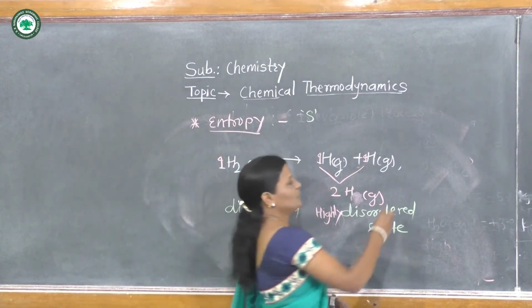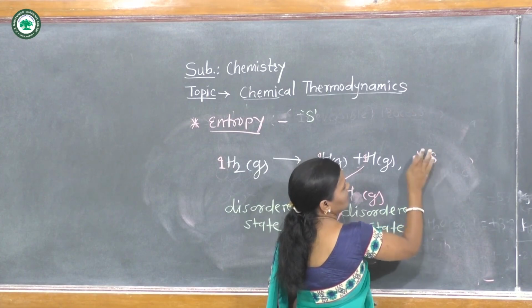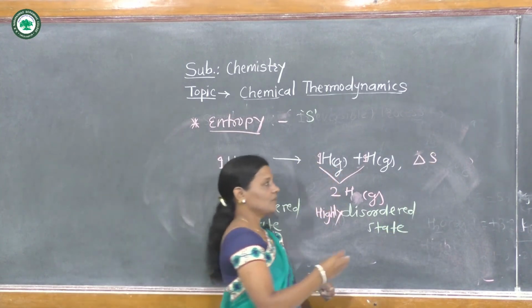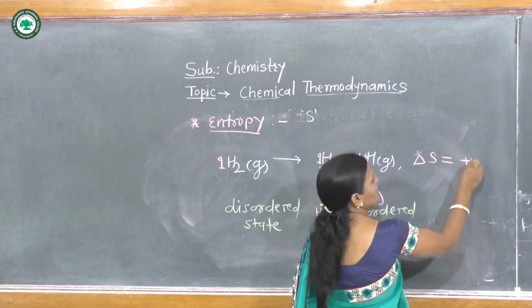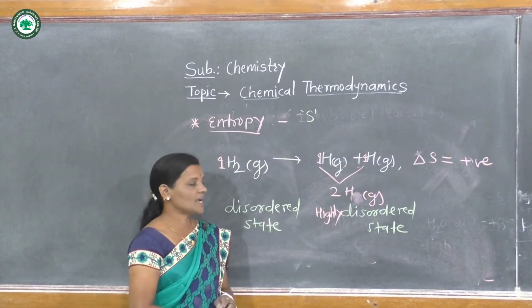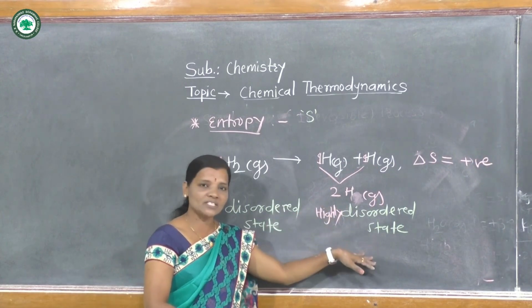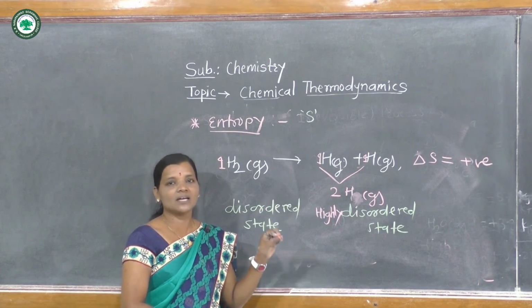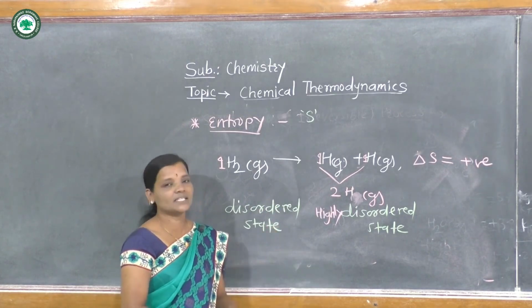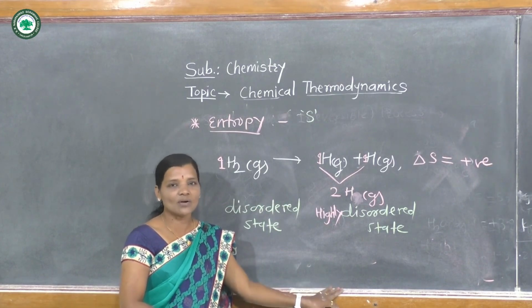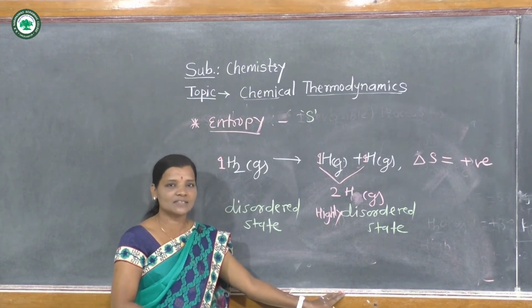So the change in entropy for this reaction is found to be a positive value. That means when there is a more disordered state, the entropy for that state is always higher, and so we can say that the greater the entropy, the more disordered is that substance.